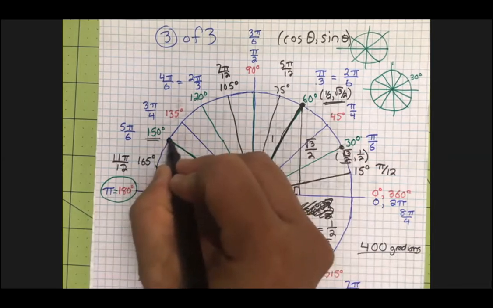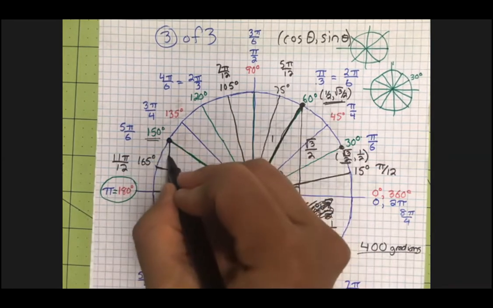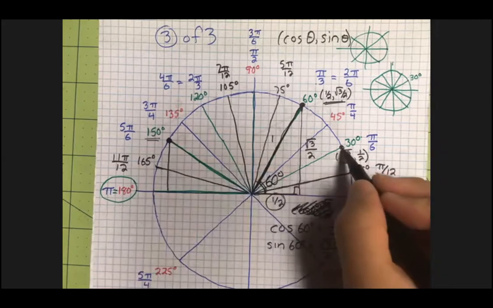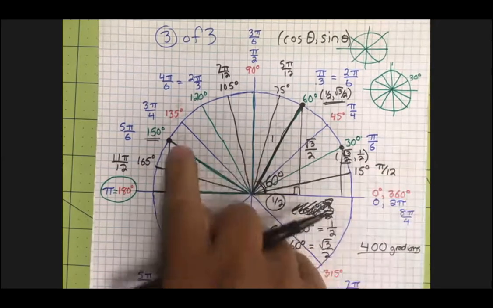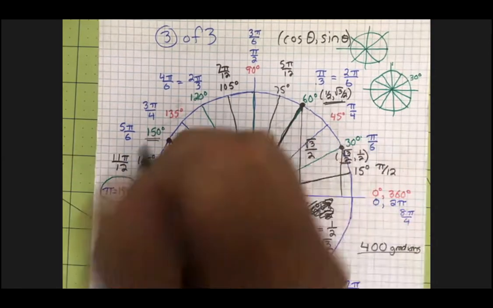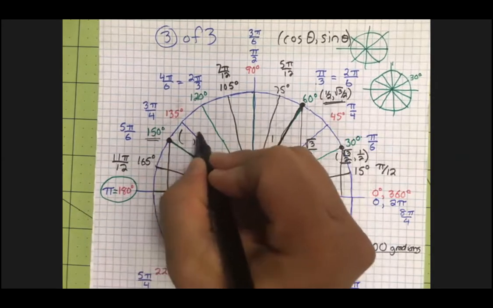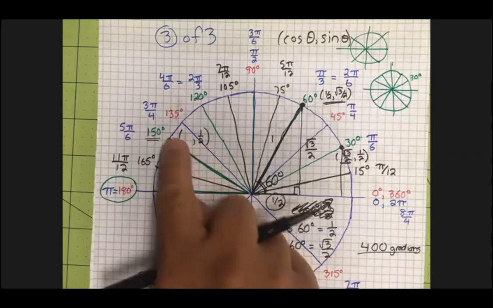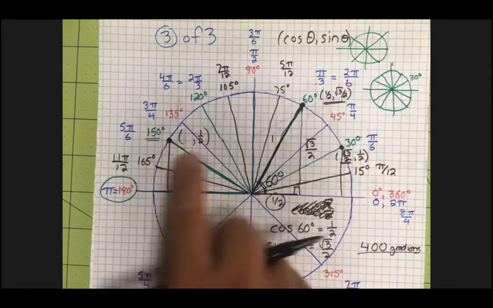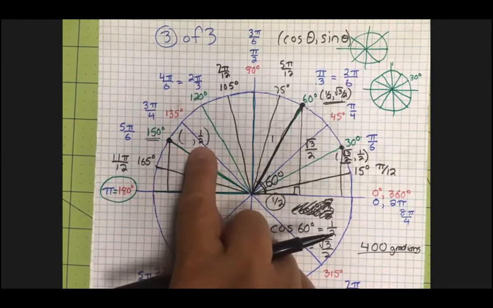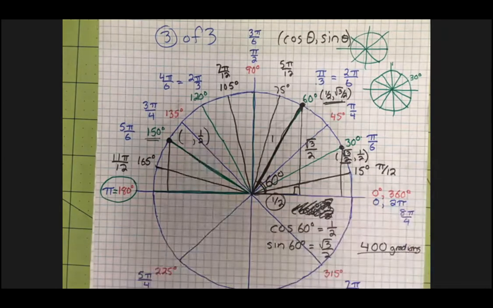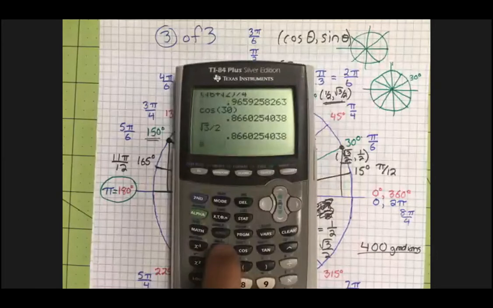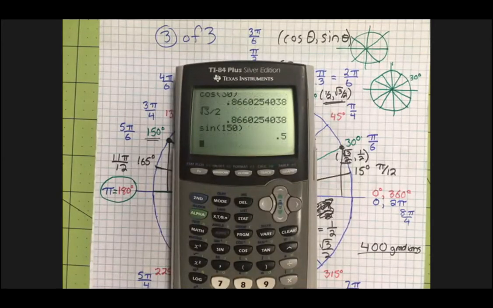Well, the y-coordinate of this point has got to be the same as the y-coordinate of that point. They're the same height if I take the mirror image across the y-axis. So that means that the second coordinate, the y-coordinate, which is the sine of 150 must be 1/2. Let's try it out. Now I'm not even surprised.